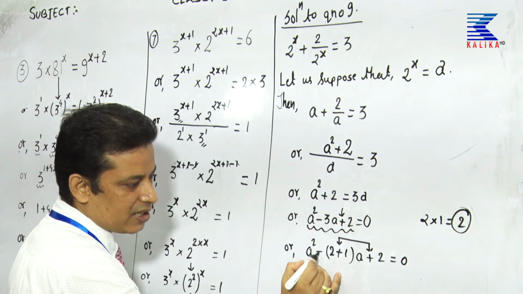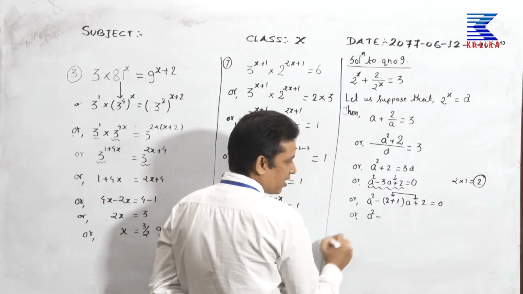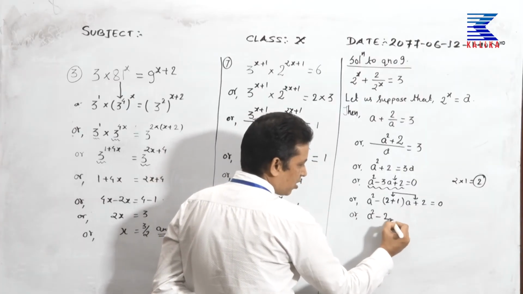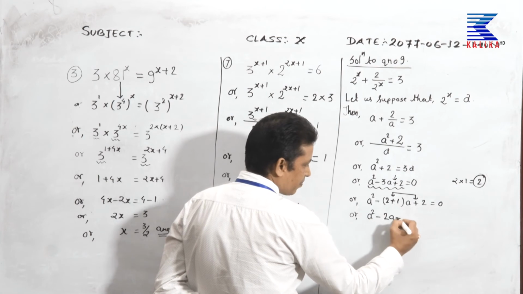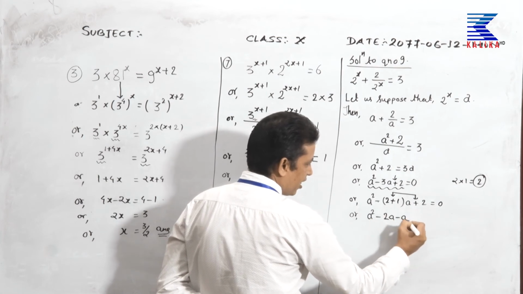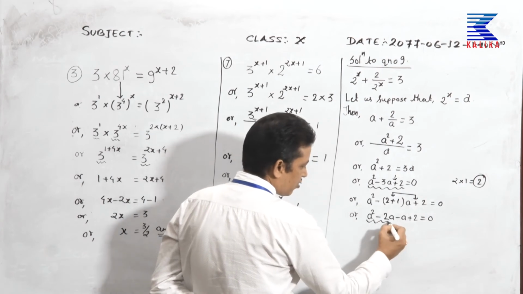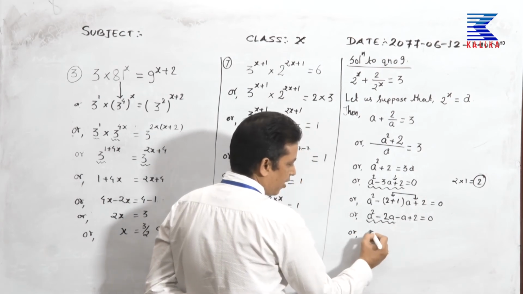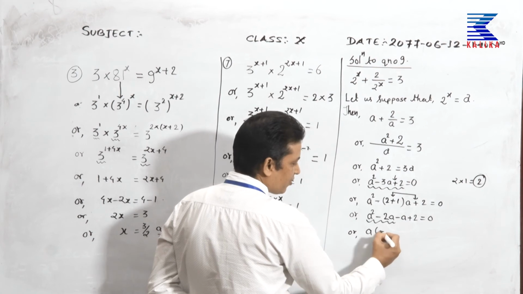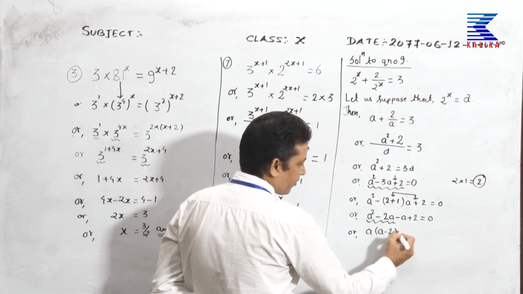a square minus 2a, expand the bracket using the minus sign, it changes all the signs, minus a times 1 is minus a, plus 2 equals 0. What is common here? a is common. What is left? a minus 2.